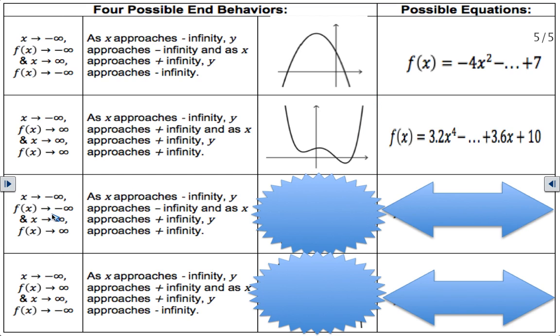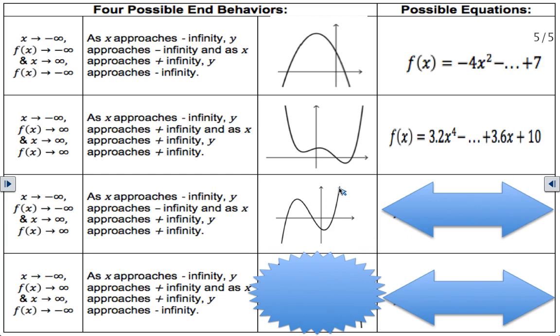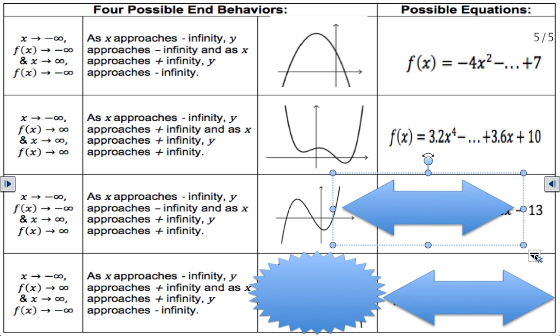All right, next one, I have the left side going down and the right side going up. So this will have an odd degree polynomial, and the right side's going up, left side's going down. That matches. I have 2 bends here, so most likely my degree is 3.